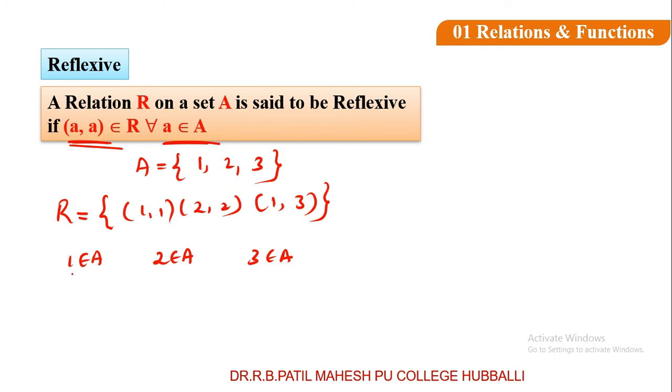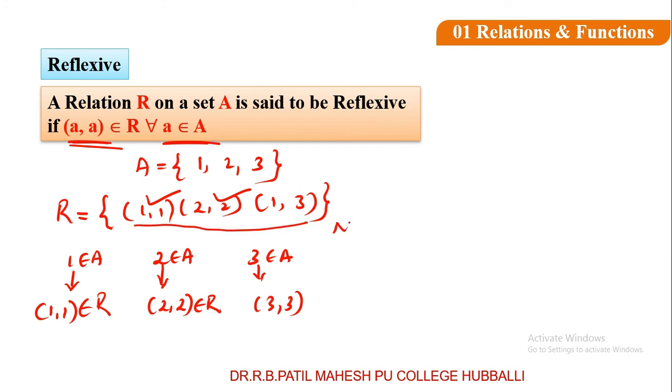Now I will check for the element 1. Does 1 comma 1 belong to R? Yes. Now for the element 2. Does the ordered pair 2 comma 2 belong to R? Yes. Next for 3. Is the ordered pair 3 comma 3 there in this entire relation?